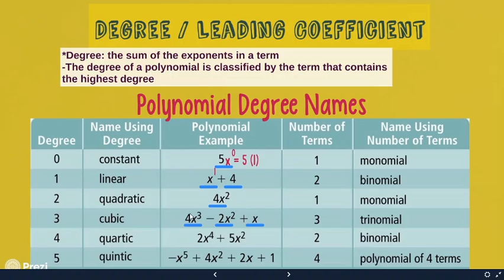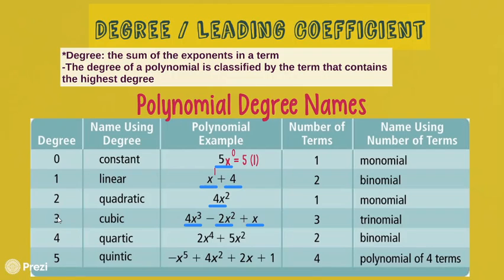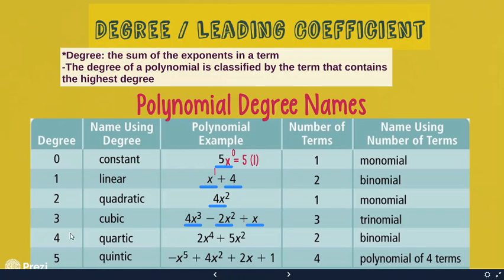Out of all 3 of these, the highest exponent is x to the third, which means it's a cubic or degree 3. So since the highest exponent on my variable is a 3, it's degree 3, and the special name for degree 3 is a cubic polynomial. So this is technically a cubic trinomial.